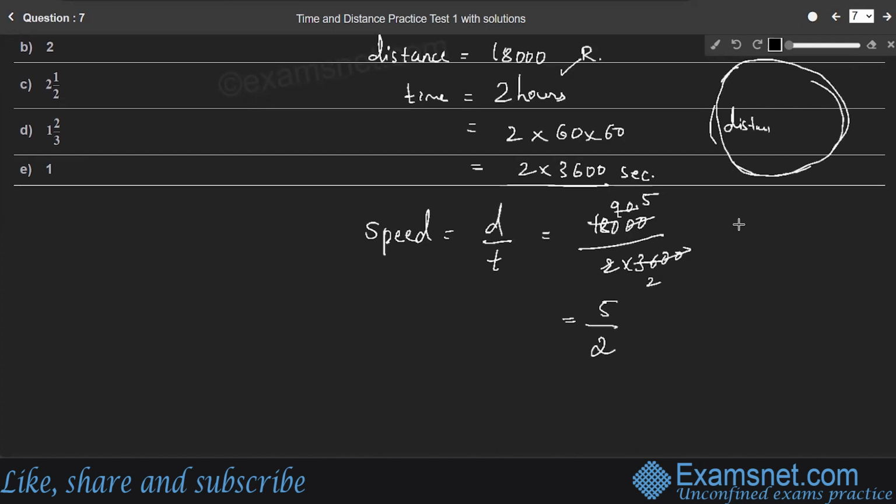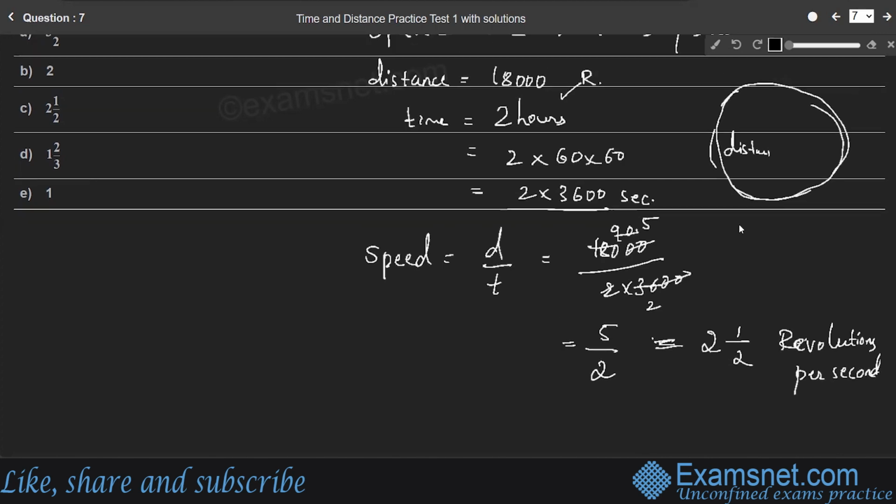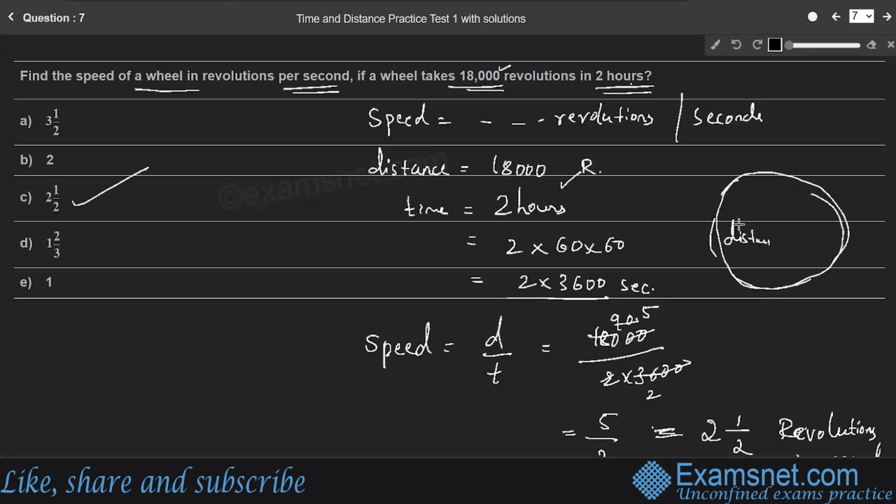So the speed of the wheel is 5 by 2 revolutions per second, which is 2.5 revolutions per second, right? Hence option C is the right answer.